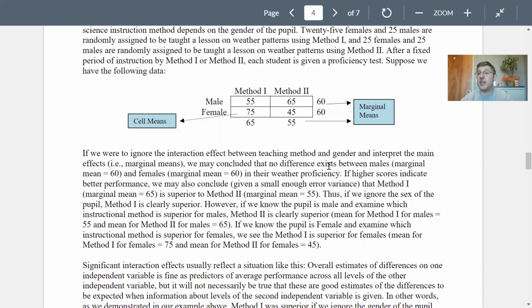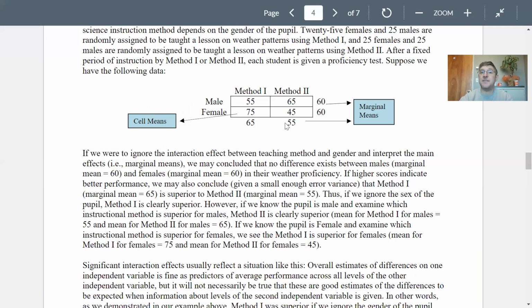So if we ignore the interaction between gender and teaching method and just interpret the main effects, or these marginal means over on the side, if we look at the marginal means of males and females, it looks like there's no difference between males and females in their proficiency of weather patterns.